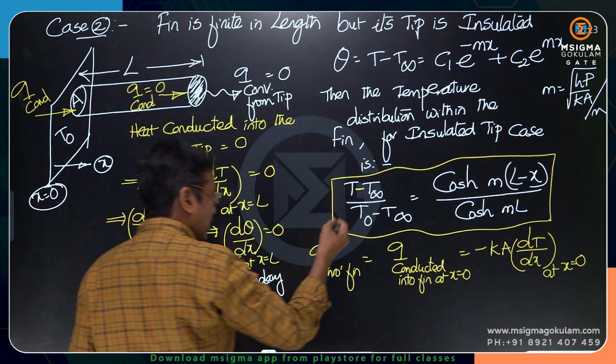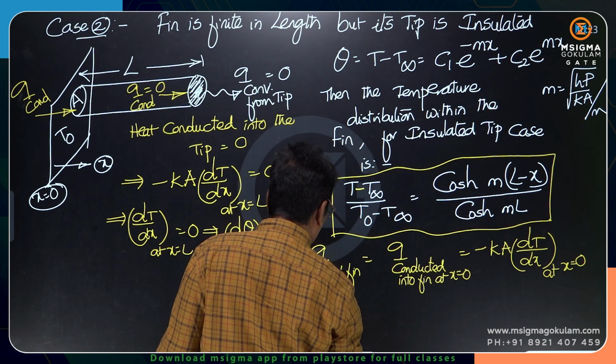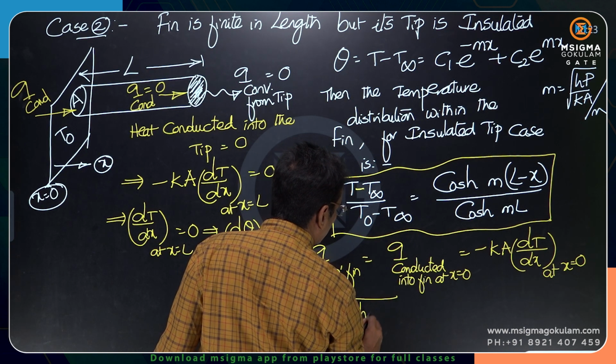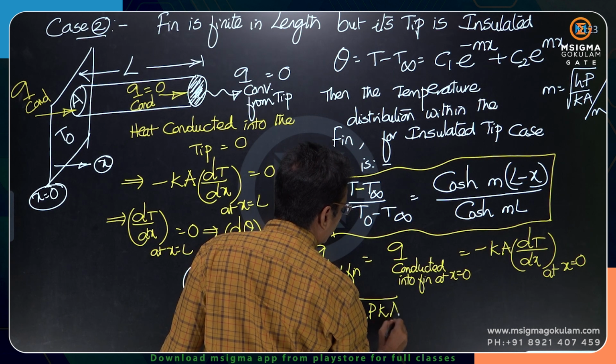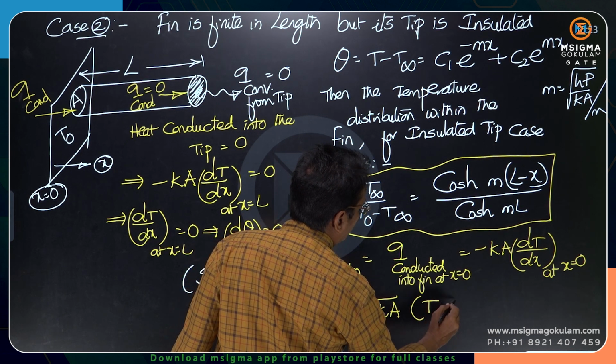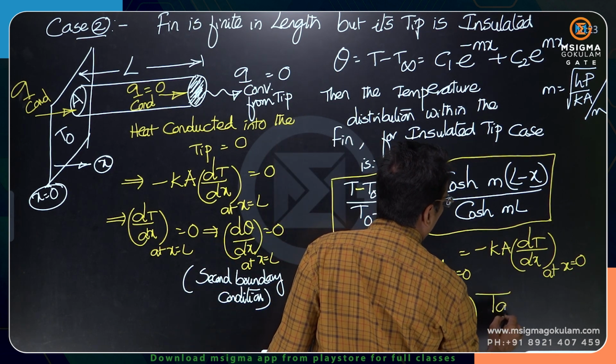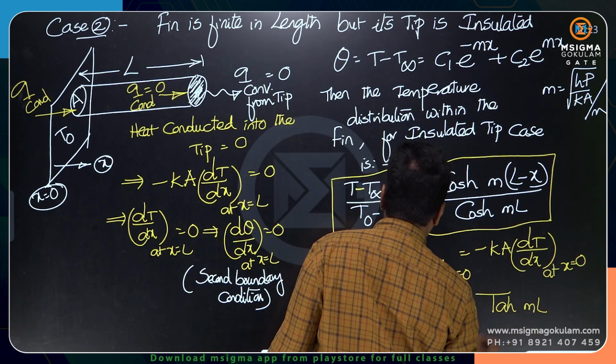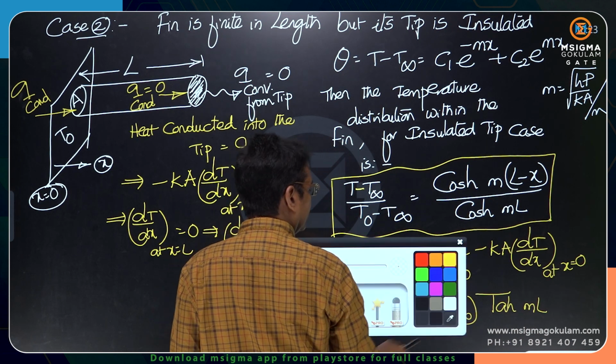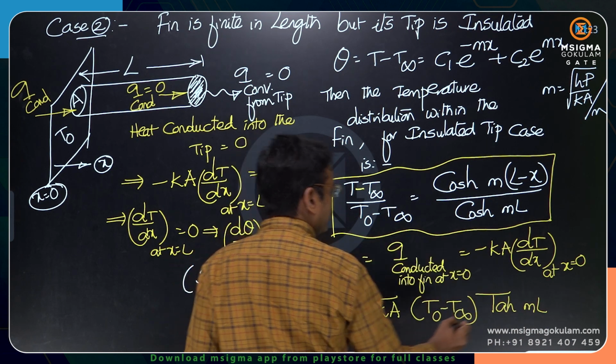So that would result in this final formula: square root of hP kA times (T naught minus T infinity) into tanh mL. This is the formula we need to remember.